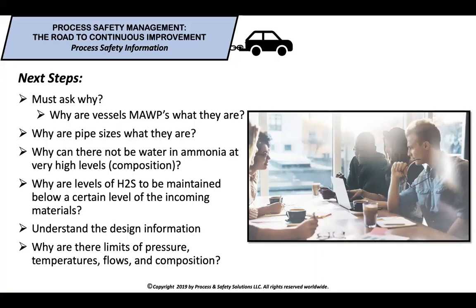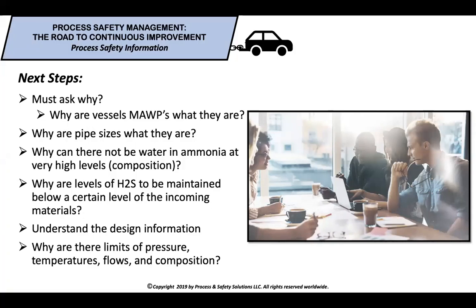Why are vessels' MAWPs what they are? For example, if you have a process and the majority of your equipment is running at 250, the MAWP of the vessel is 250 PSIG, we need to understand why it's 250.